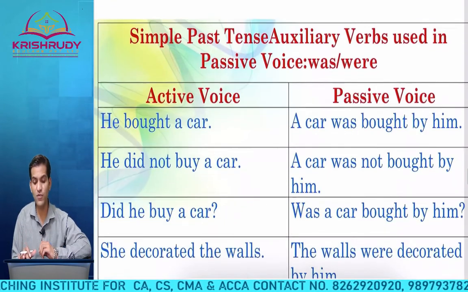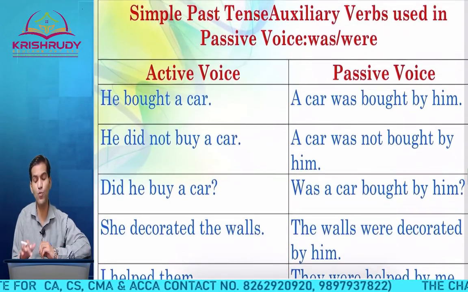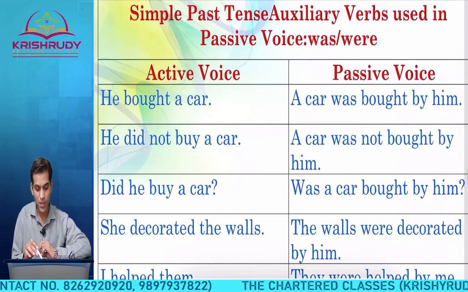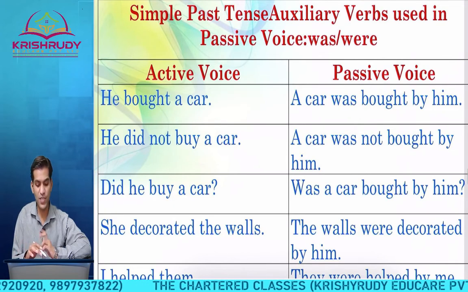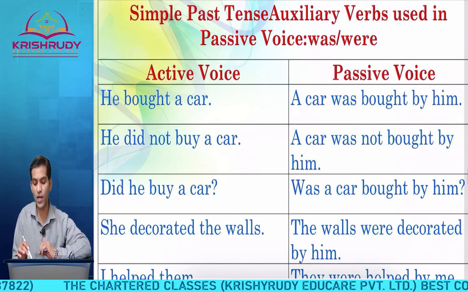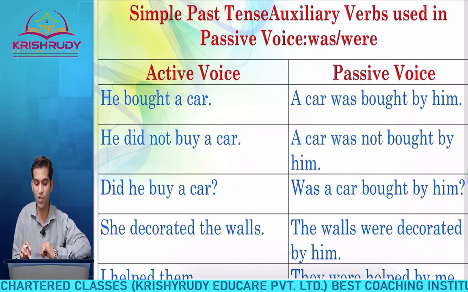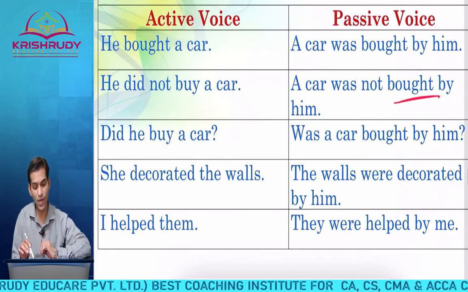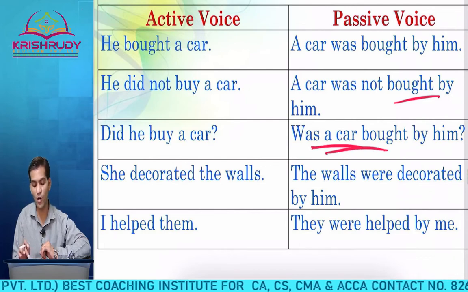Now here you see, which is very important, simple past tense. You know, most of the students commit mistakes in this only. So active voice, passive voice: he bought a car; a car was bought by him. He did not buy a car; a car was not bought by him. Did he buy a car? Was a car bought by him?